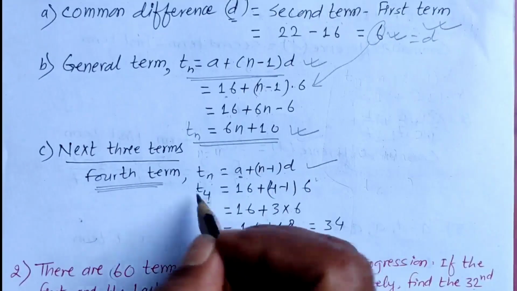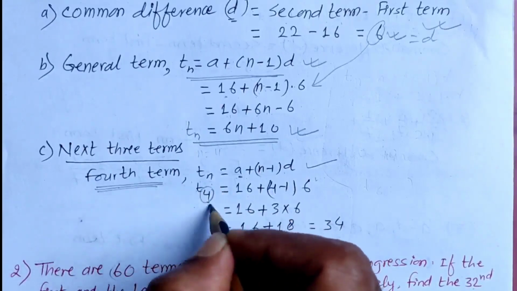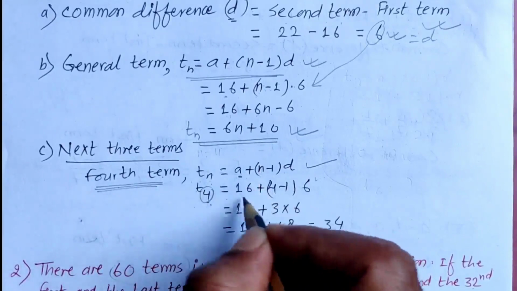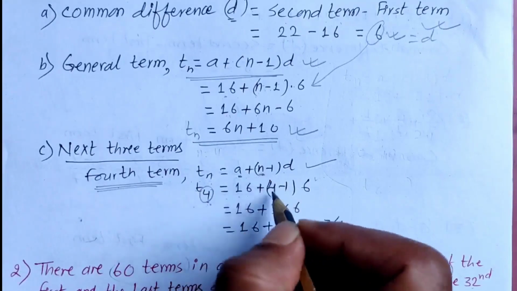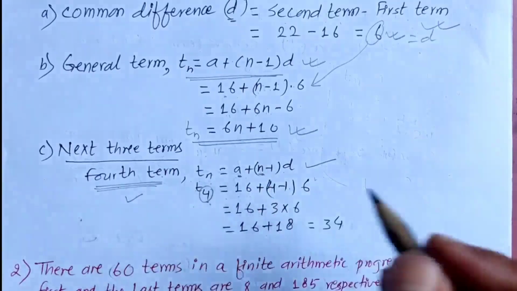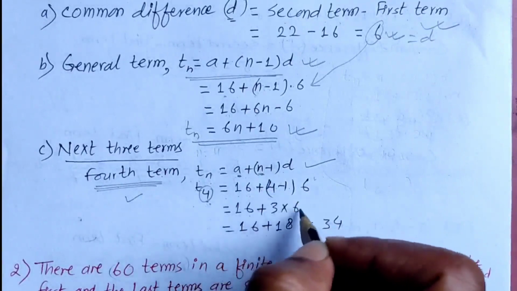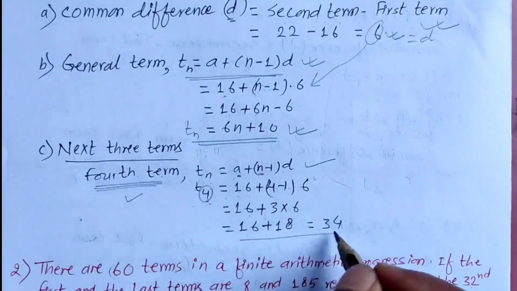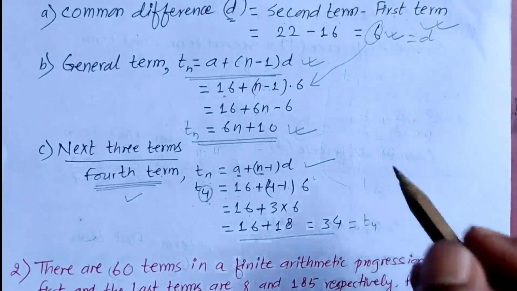Here, as we are going to find the fourth term, in place of n we write 4, that is T4 is equal to 16 plus 4 minus 1, which is 3 times 6. If we operate, you will get 34. It is T4, that means the fourth term.